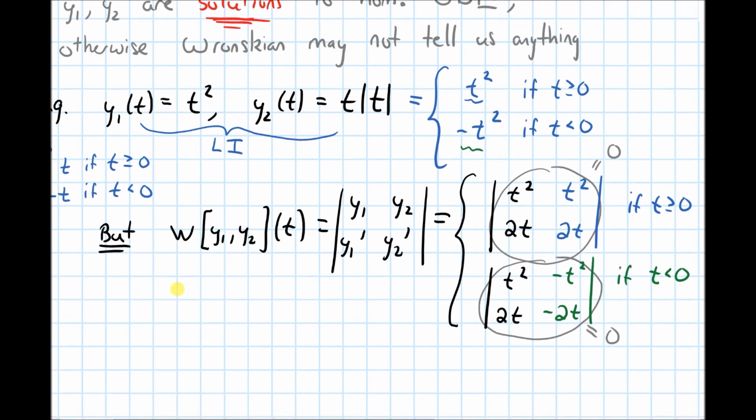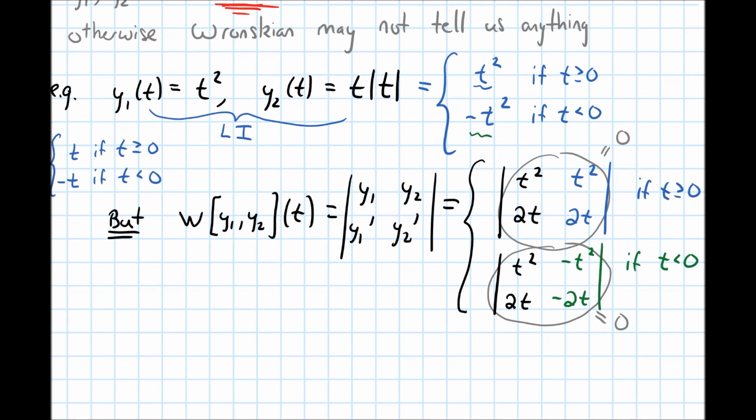All right, so the takeaway from this is, notice that the Wronskian of our two functions, y1 and y2, of t equals 0. It equals 0 for both of these cases. So that means it equals 0 for all values of t. And typically, that would mean our two functions are linearly dependent when the Wronskian is 0.